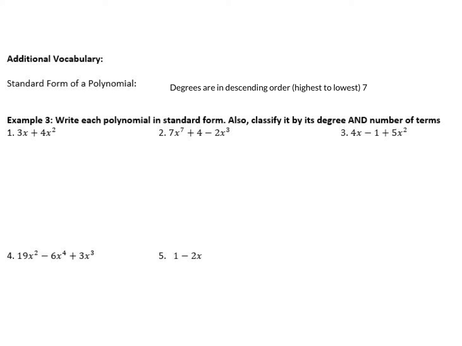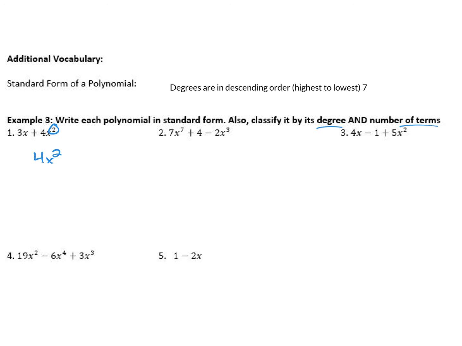So what you will also hear a lot of times being said is what's called standard form. And this is just going to be when your degrees are in descending order. So that's going to be from highest to lowest. So when we look at these examples down below here, the first thing it's saying is write each polynomial in standard form and then classify by degree and number of terms. So the only additional step we need to look at here is look for your highest degree.